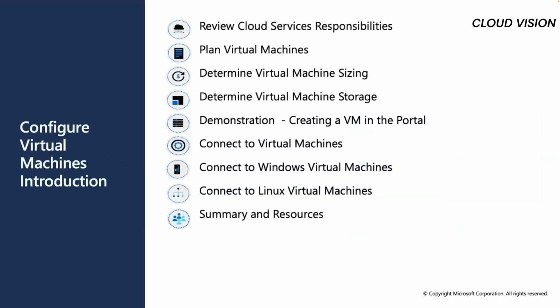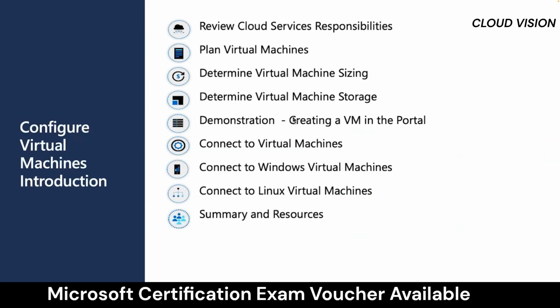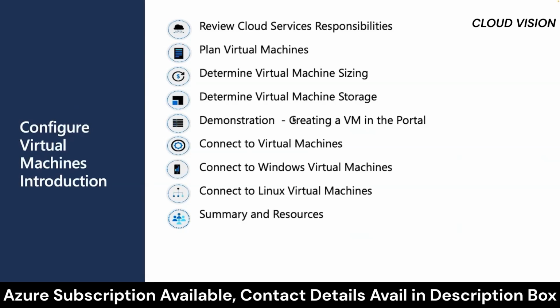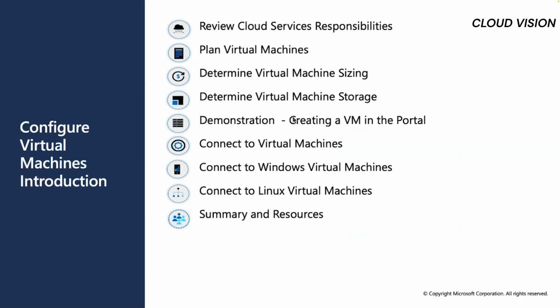To configure a virtual machine, we need to understand what other responsibility falls onto us. We then need to plan what we're going to do about the virtual machine, how we're going to set it up, what is its name, what size it's going to be, what plan we're going to select, and so on.